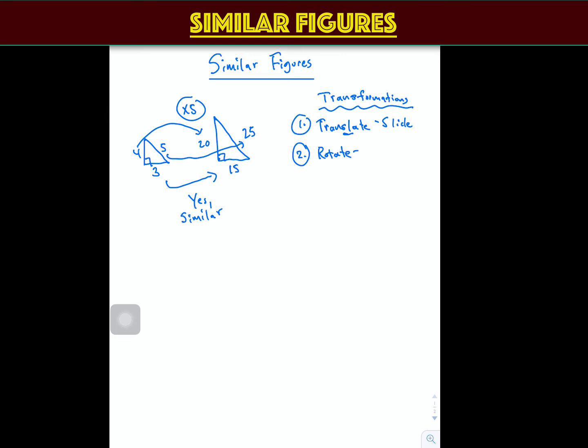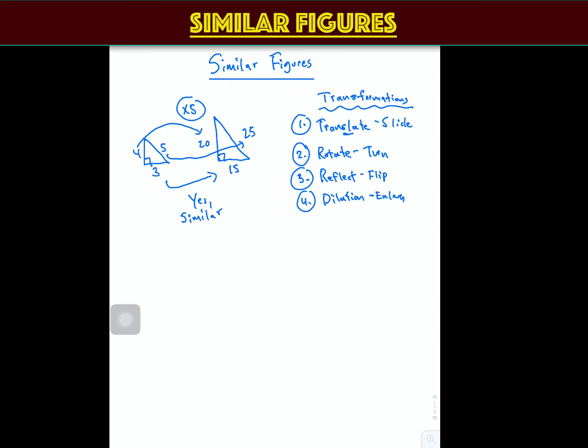Rotate would mean turn. We have reflect. Reflect means to flip. And we learned in the last lesson what a dilation means. And dilation is to enlarge.